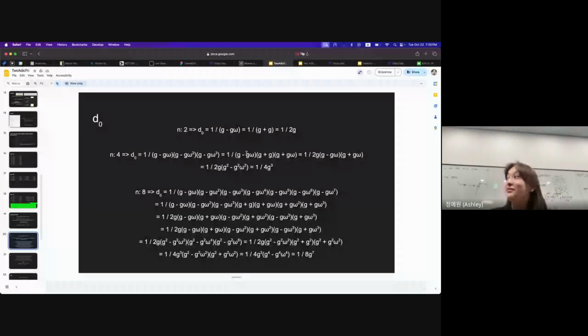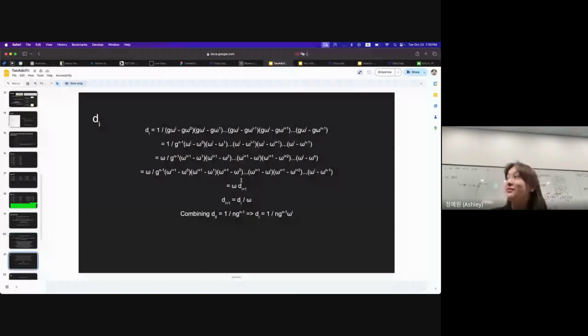And if n is 4, then the pattern is used, and if omega to the 4 is 1, that means omega squared is -1. If you keep doing that, you get this. Now we can compute it.